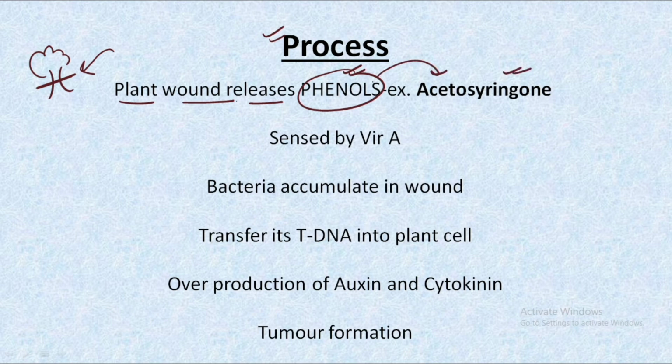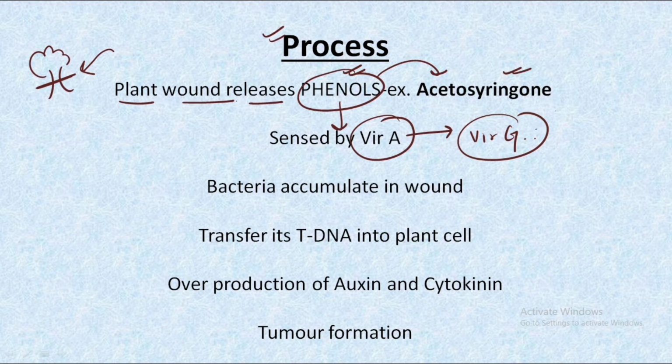These acetosyringones are sensed by VIRA. Now VIRA activates VIRG, and VIRG in turn activates all the other virulence genes that we have studied, in order to initiate the process of this mediation.